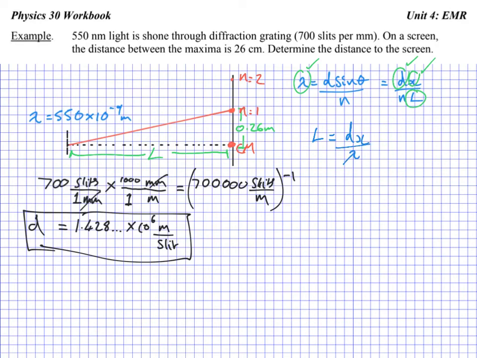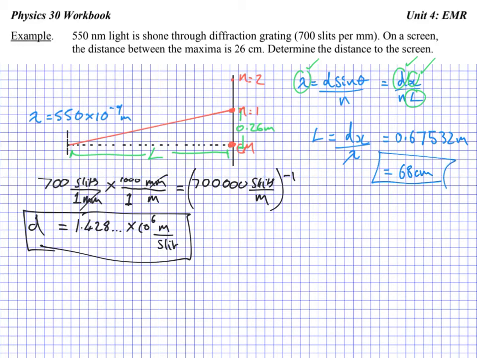I'm just ignoring the N because I know that it's 1. Plug that into my calculator: 0.67532 meters. Checking my significant digits, it's 2, so I need this to be in 2 significant digits. In other words, 68 centimeters.